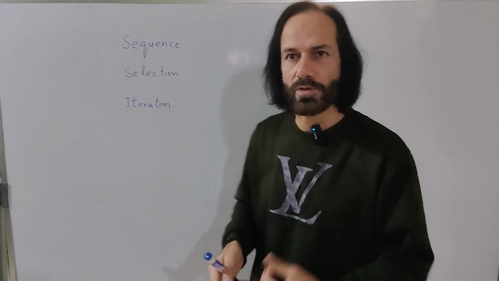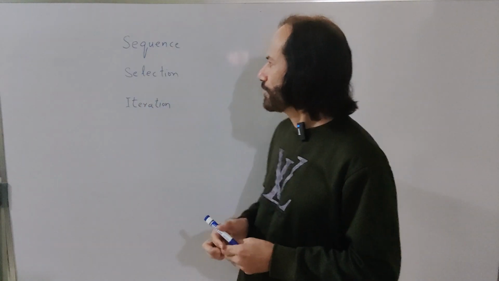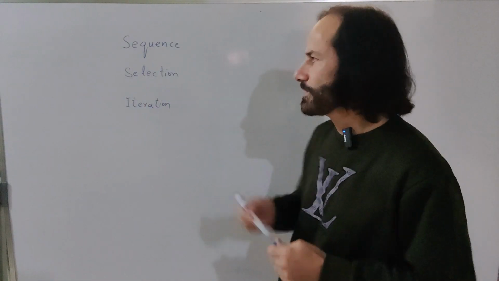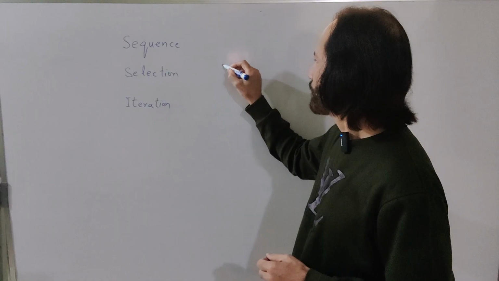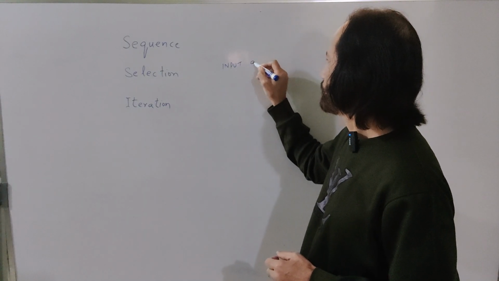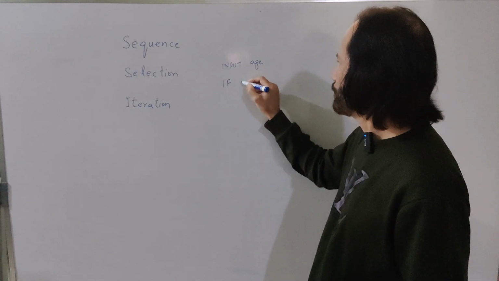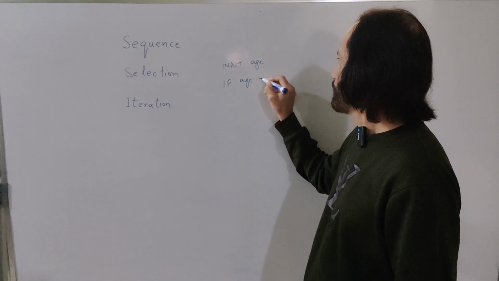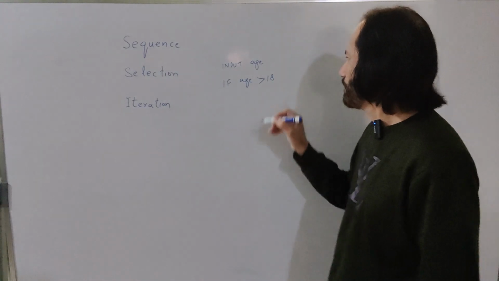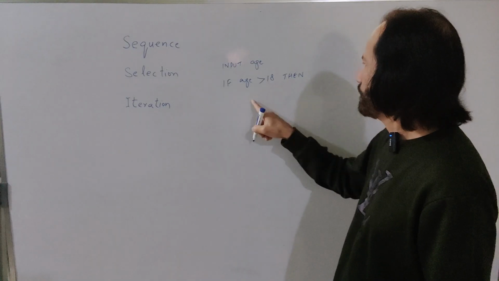So how do we convert it into the pseudocode and how can we apply the selection? For selection we use the if statement, remember. But before that we are inputting the age and now we are checking the condition. If age is greater than 18, then take this action.